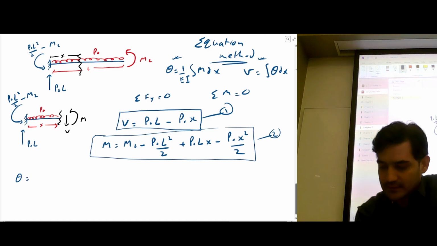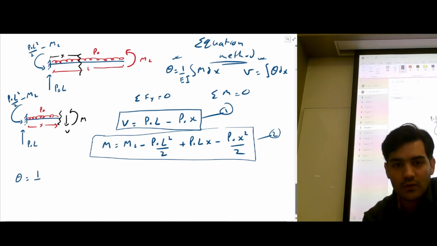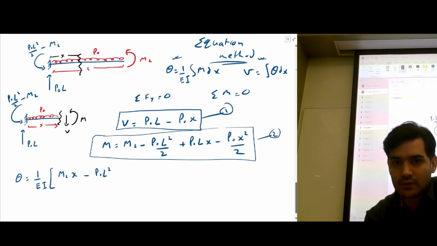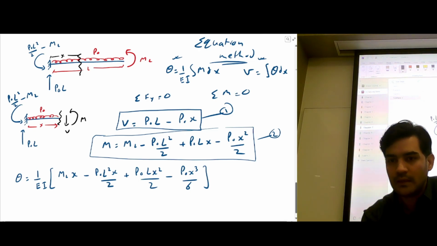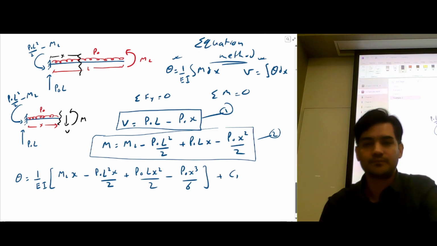So the bending angle in this case is 1 over EI times MLx minus P naught L squared x by 2 plus P naught L x squared by 2 minus P naught x cubed by 6, and you also have to put a constant.